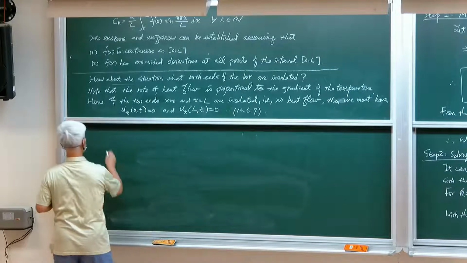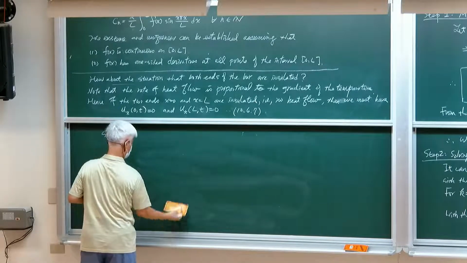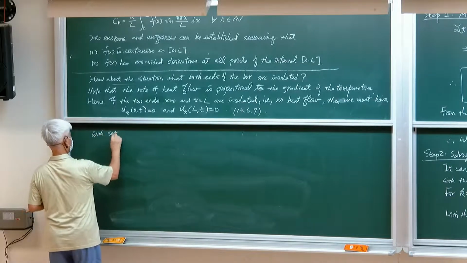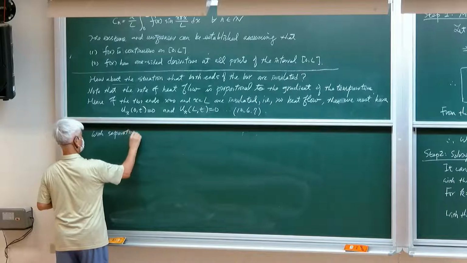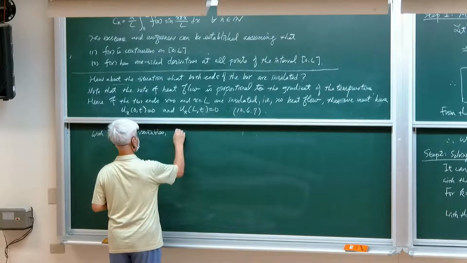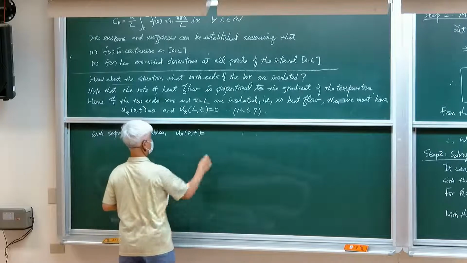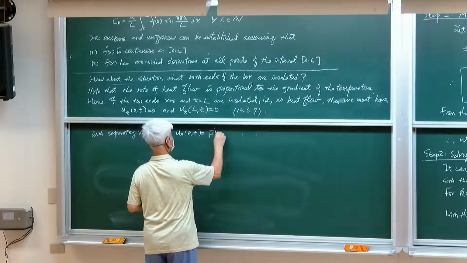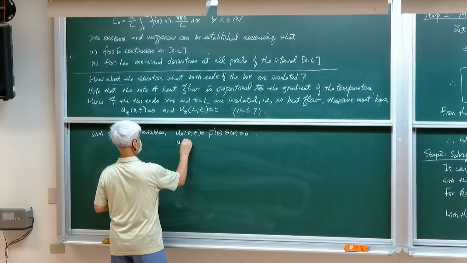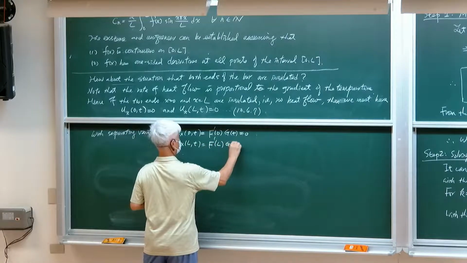And with these two new boundary conditions, with separating variables, this is equal to f prime of 0 g(t), and f prime of L g(t).